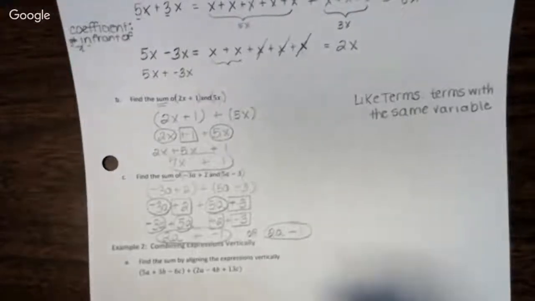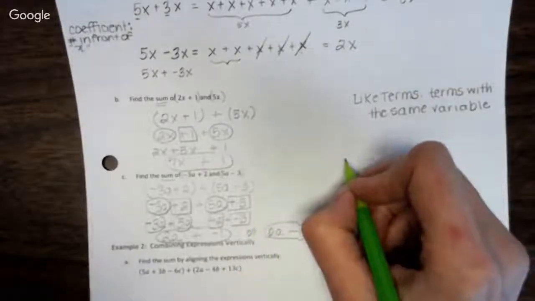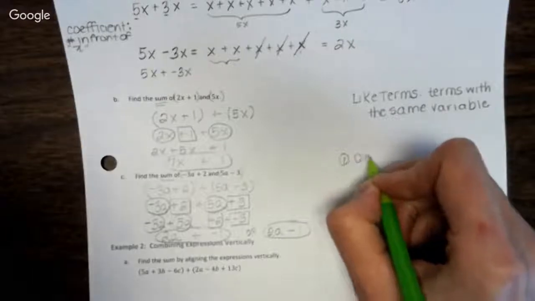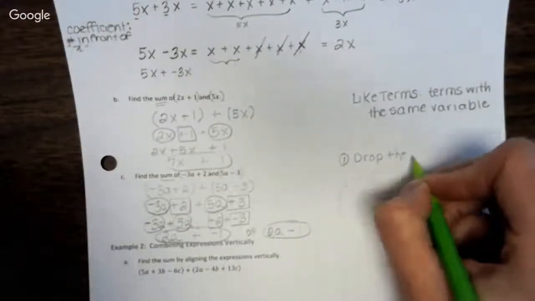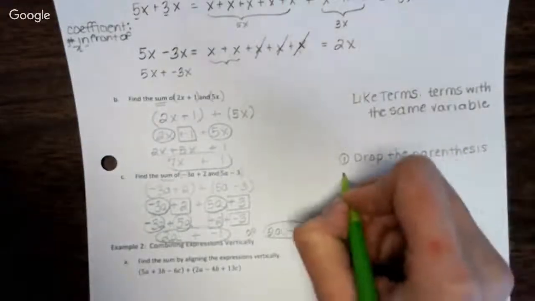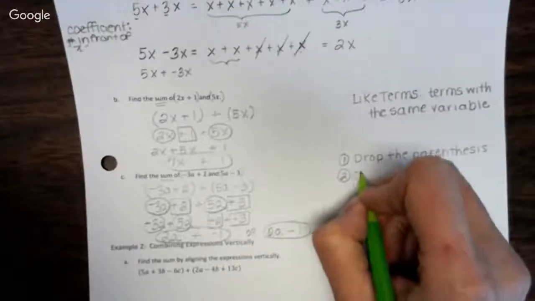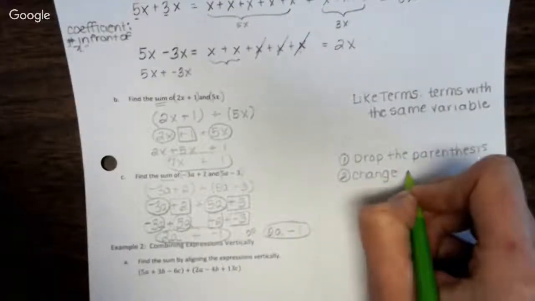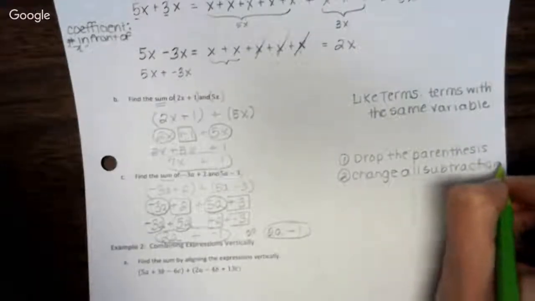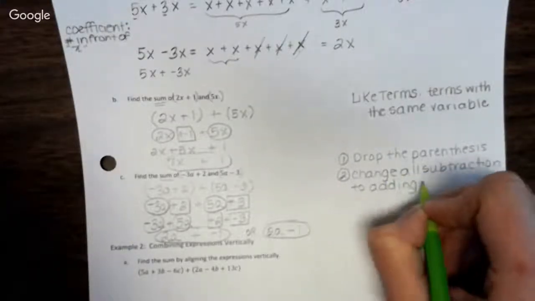All right, so before we move on, let's take down the steps that we followed to adding these like terms. So step 1 is we're going to drop the parentheses. Step 2 is that we are going to change all subtraction to adding the opposite.